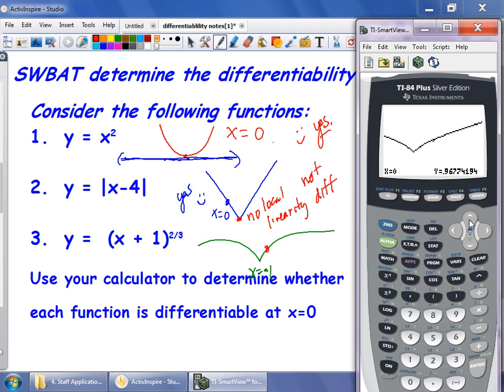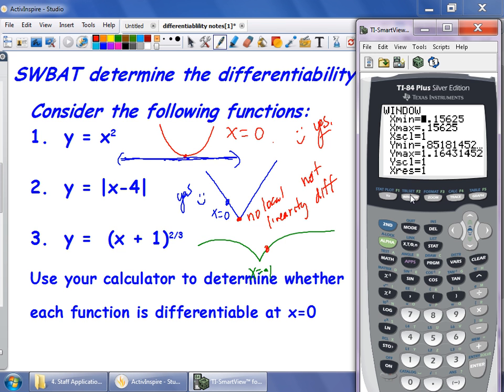Maybe move it up a little bit. Yep, that's good. And it looks pretty linear. I'll do it one more time just to see. Zoom 2. Move it down a little bit. We're almost at 1. That's pretty good. And we can keep zooming in, but we're pretty much getting a line on our screen.